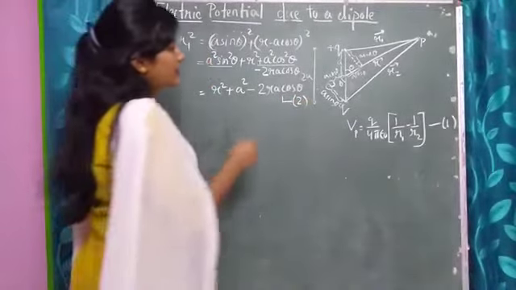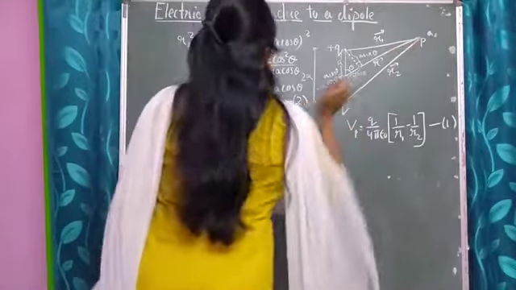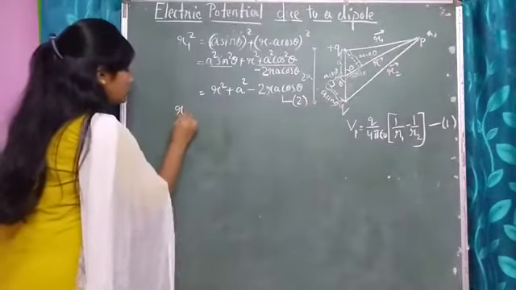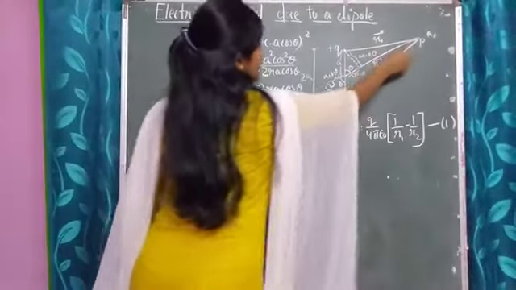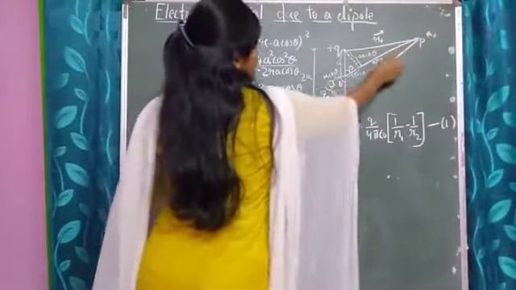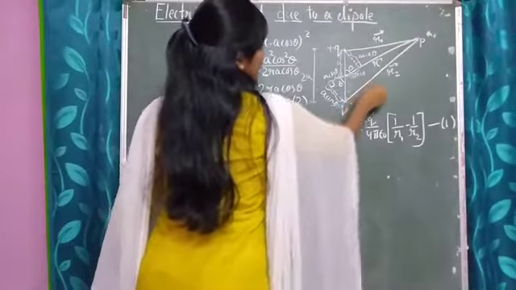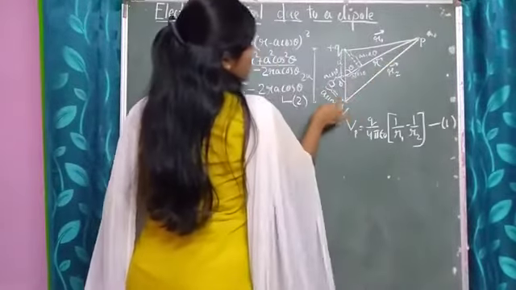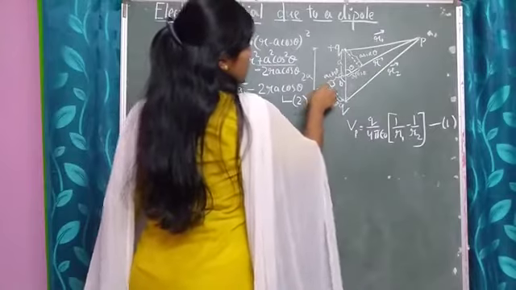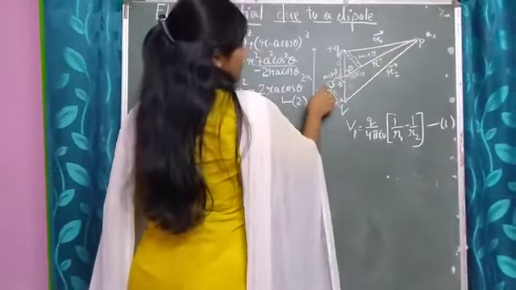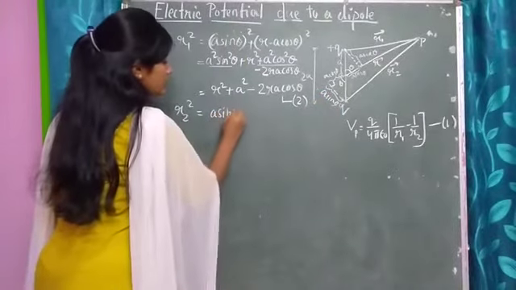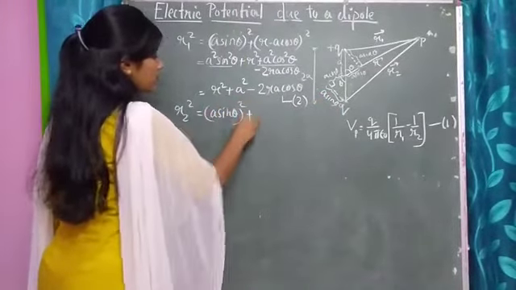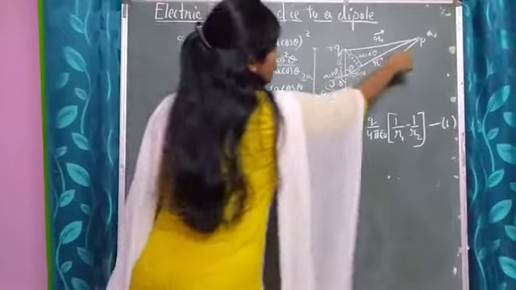Similarly, let us find out this R2. R2 square, in this right angle triangle, will be this perpendicular square plus this base square. So the perpendicular is a sin theta whole square plus, what will be the value for the base?